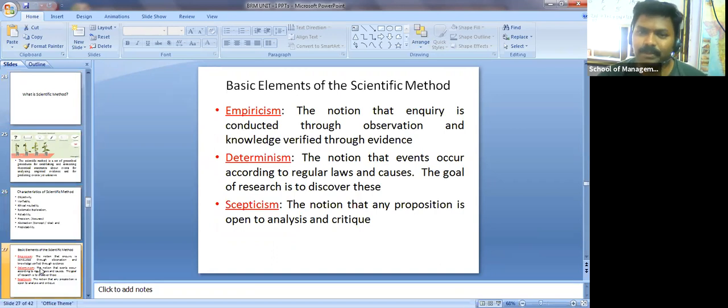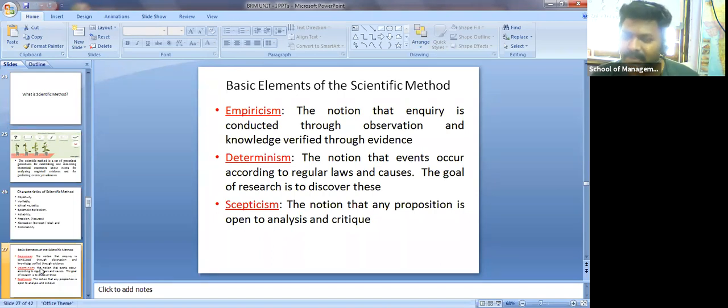Now some more important concepts in this scientific method. You should know the basic elements of the scientific method. There are three elements: empiricism, determinism, and skepticism. So what is empiricism? The notion that inquiry is conducted through observation and knowledge is verified through evidence. This is called empiricism.